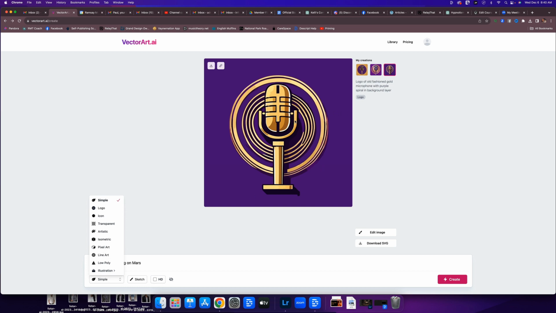This first logo, I was playing with the idea of the ISHA logo image, right? So I said an old-fashioned gold microphone with a purple spiral in the background. It's interesting, in all cases it did not give a purple spiral, but it put purple in the background somehow. This stuff happens, right?